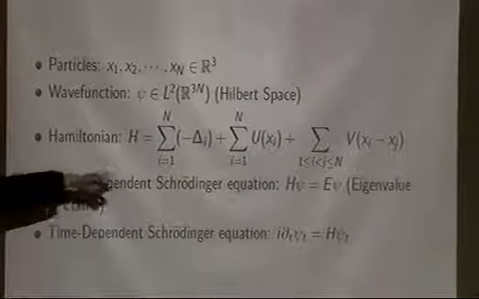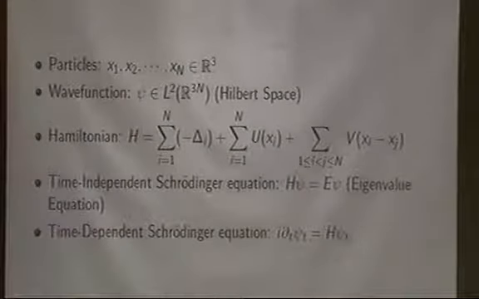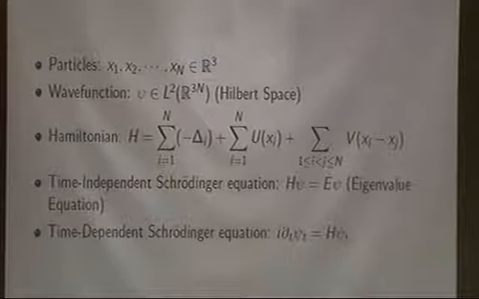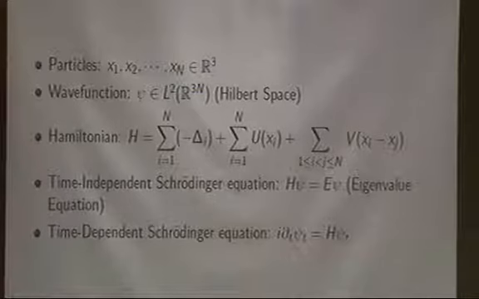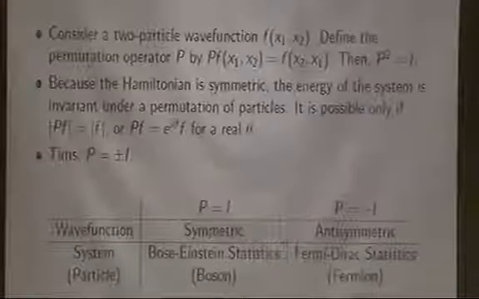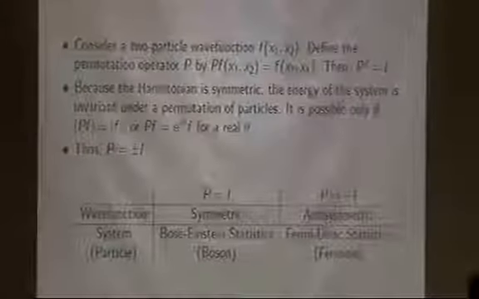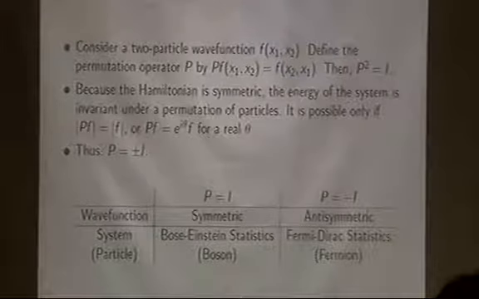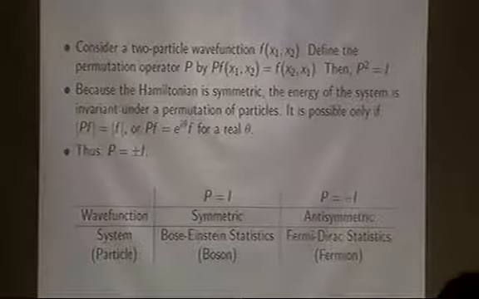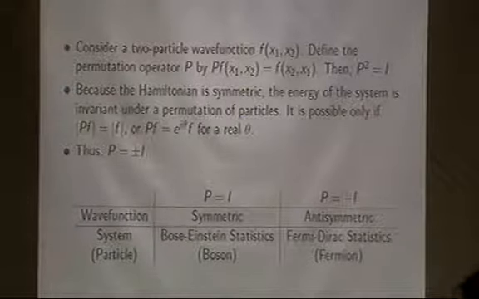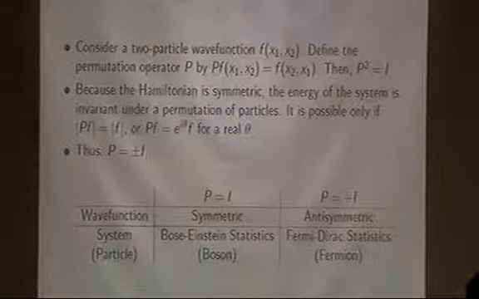All those three terms are symmetric under the permutation of particles. So if we just change the role of x1 and x2, then the Hamiltonian stays the same. It means that if we perform this permutation operator P, then Pf will be almost the same as f.